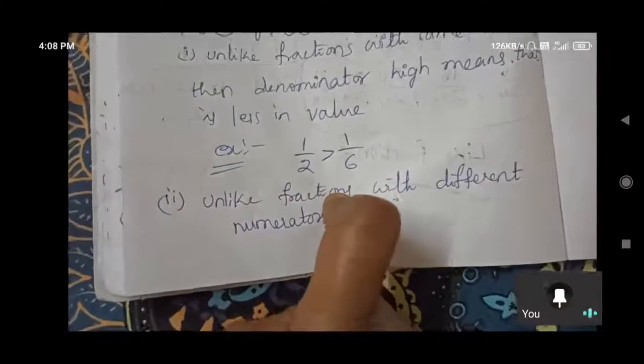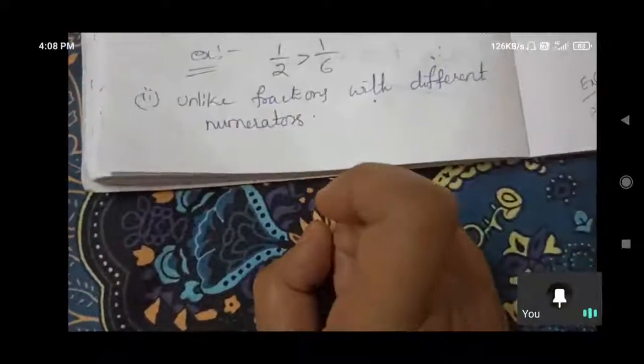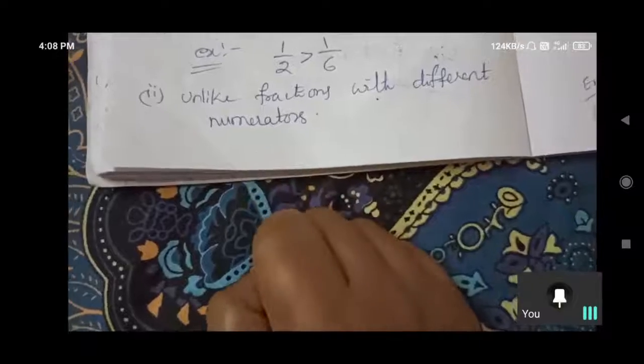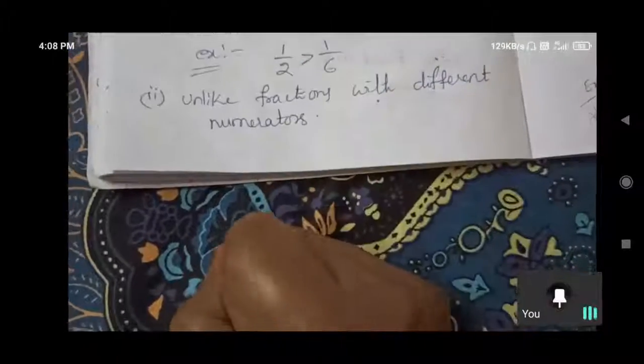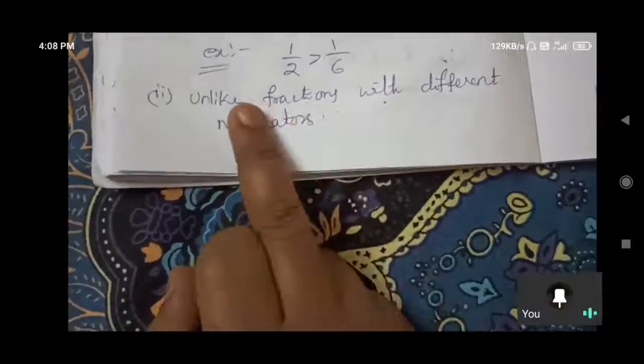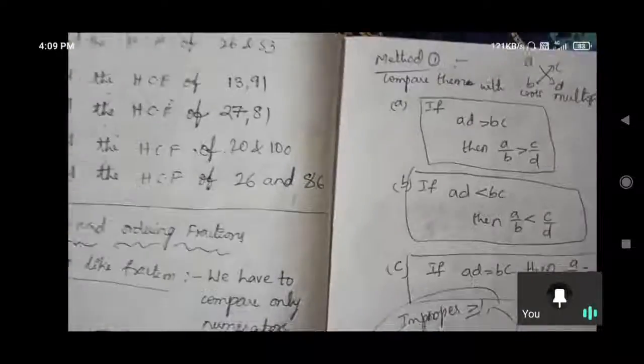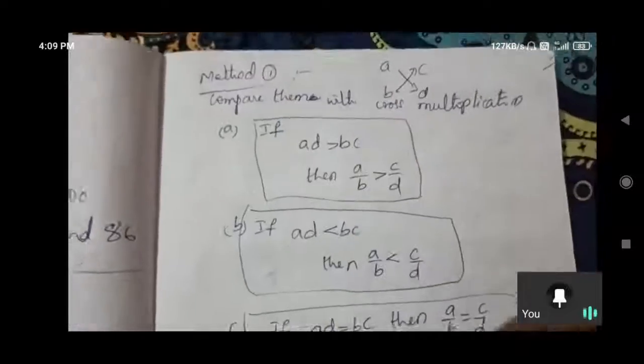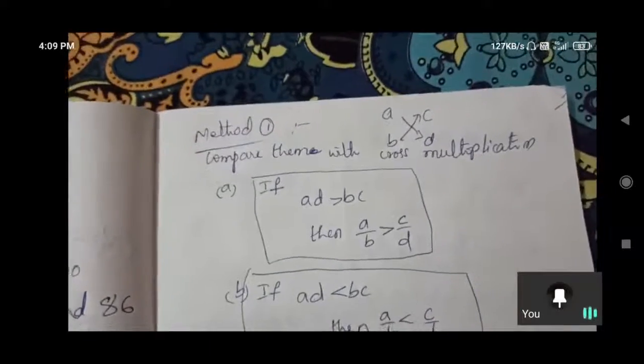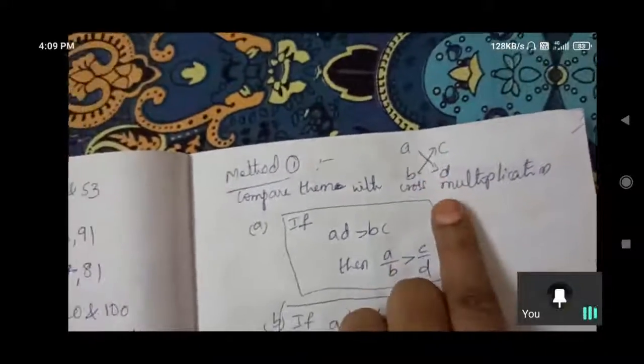And unlike fractions with different numerators and also different denominators, at that time we already studied this concept: cross multiplication we need to do. If we want to compare two fractions A by B and C by D, we need to cross multiply like this.